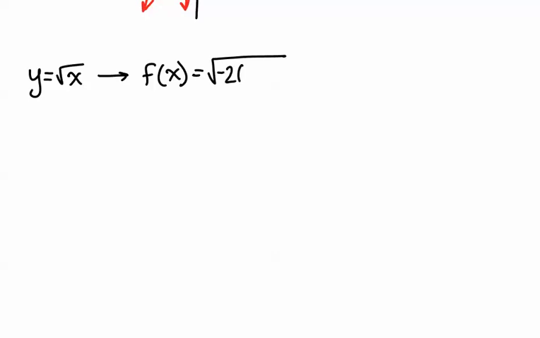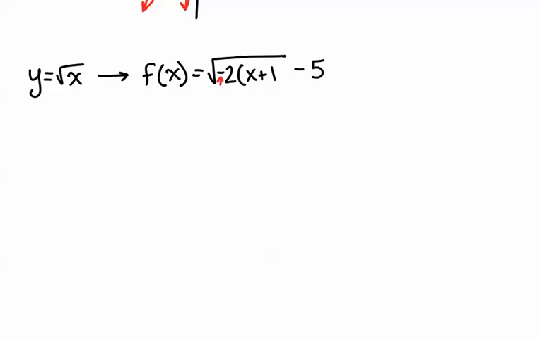Okay, I'm going to start with a base function of root x this time, and I'm going to apply some transformations. So let's say I gave you one that was root of (negative 2 (x plus 1)) minus 5. Okay, so first let's state our transformations.